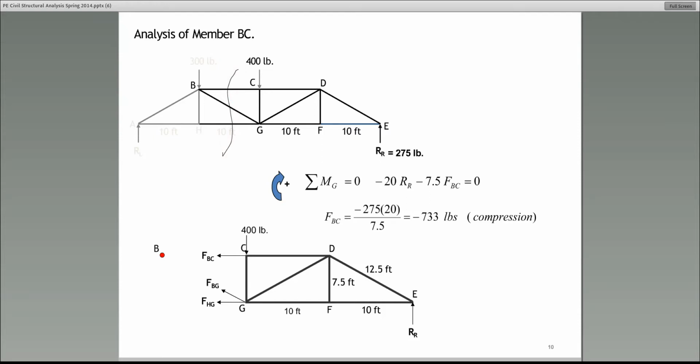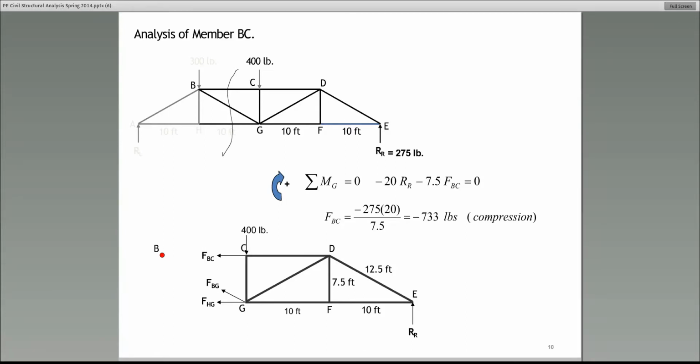That is the section that we do. So first, we cut the truss. The next thing that we need to do is the following. We need to draw the free body diagram, the complete free body diagram, either to the right or to the left of the section. And that you could see down here, guys.